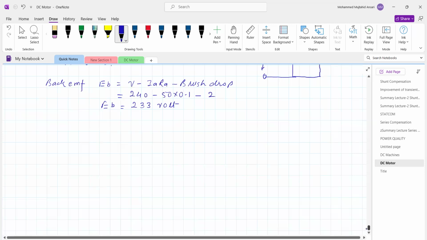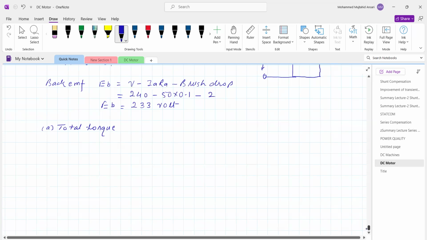Now once we know the back EMF, we can calculate the total torque. The first point asked is the total torque. Say point A is total torque.